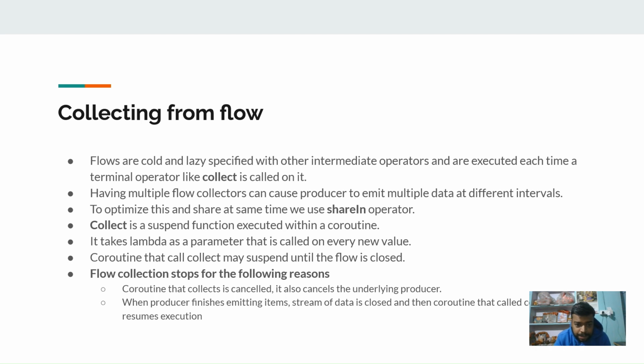Collect is a suspend function which takes a lambda as a parameter and that is called on every new value. A coroutine that calls collect may suspend until the flow is closed. Flow collection stops for a few reasons. A coroutine that collects is cancelled, which also cancels the producer. When all data are emitted, the flow is closed and the coroutine that called collect resumes execution.